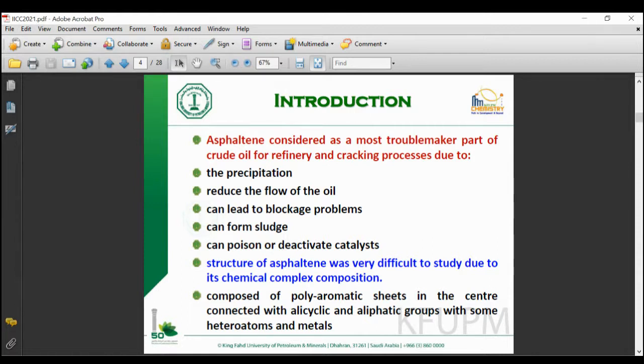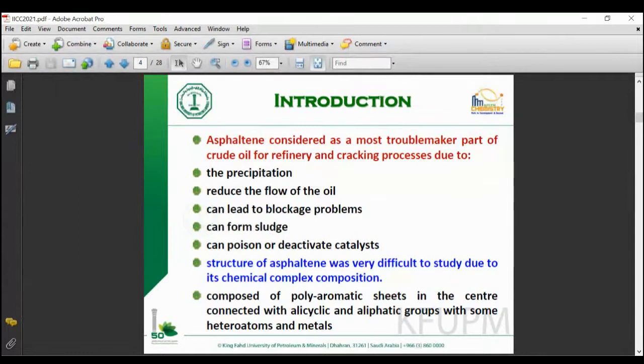The structure of the asphaltene is very complicated and complex. No one has ever determined the absolute structure of the asphaltene. Rather, we always use average parameters. What could be the average structure of asphaltenes?